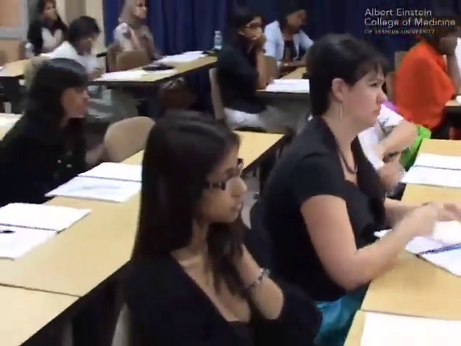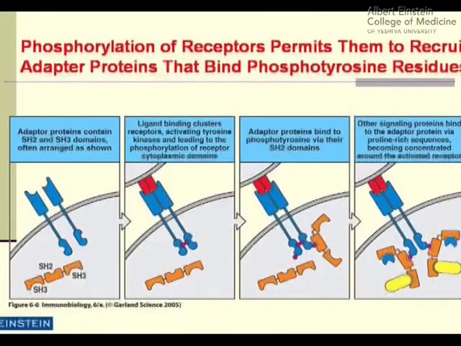Now, as I said before, phosphorylation of receptors allows them to recruit adaptive proteins. So in this case, you now have phosphorylated tyrosines. These phosphorylated tyrosines can now bind to SH2 domains and bring in new molecules from the cytoplasm that previously were not adjacent to it. And if these molecules have kinase activity, they can either phosphorylate further residues in this particular molecule or recruit more molecules and phosphorylate them through other recruitment adapter motifs.